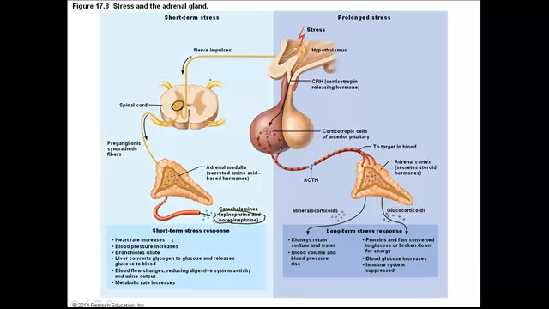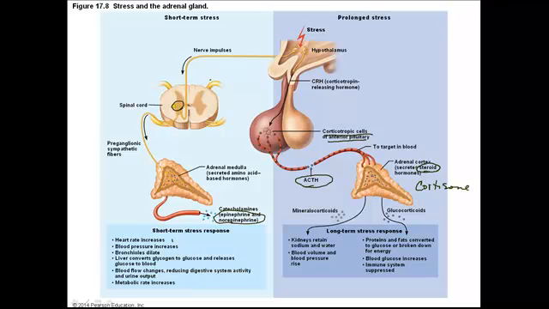Long-term stress starts in the anterior pituitary. These corticotropic cells of the anterior pituitary, right, are going to secrete a hormone, ACTH, into the bloodstream. That's going to be picked up by the adrenal cortex, and that's going to secrete steroid hormones, cortisone.